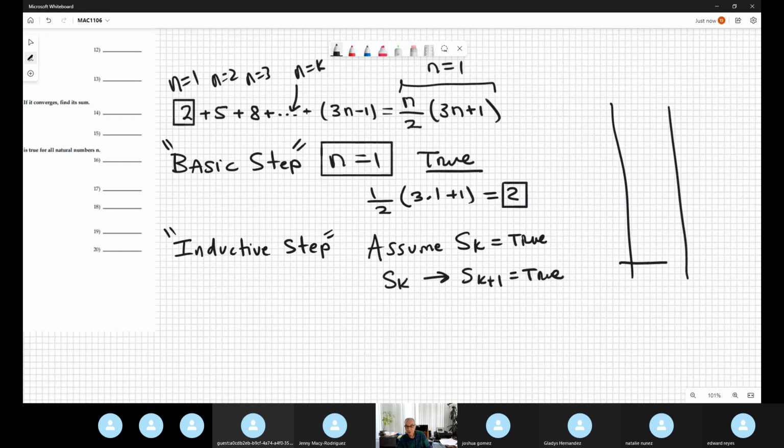You prove that S1 is true, and you continue 2, 3, but no, because maybe in another example, suppose it's not true at 200, then it's not true for everyone. So you assume one intermediate, and you suppose that S sub k is true. This is the assumption.